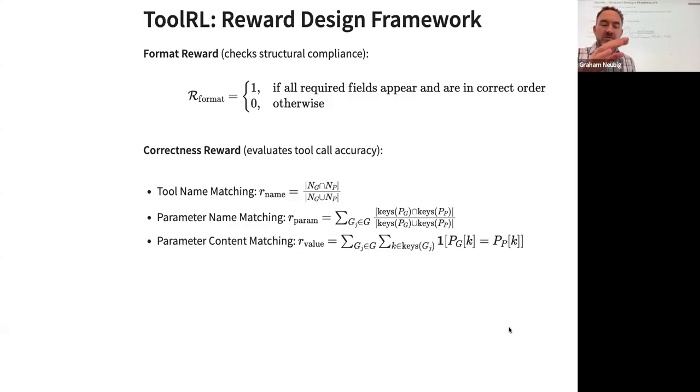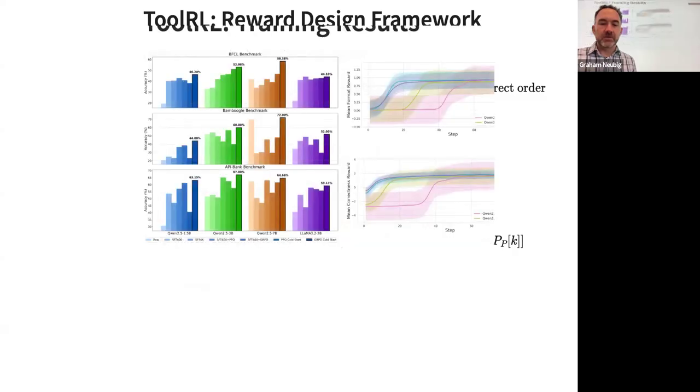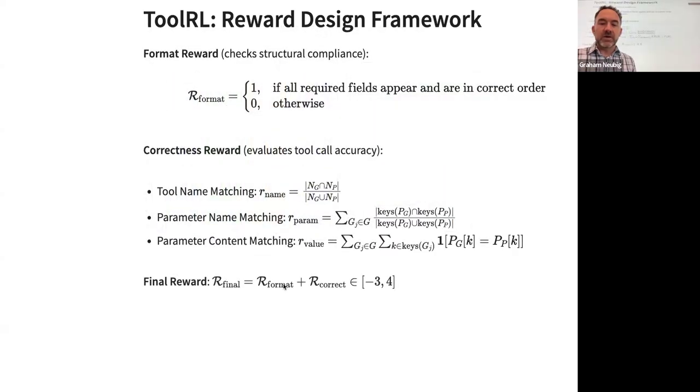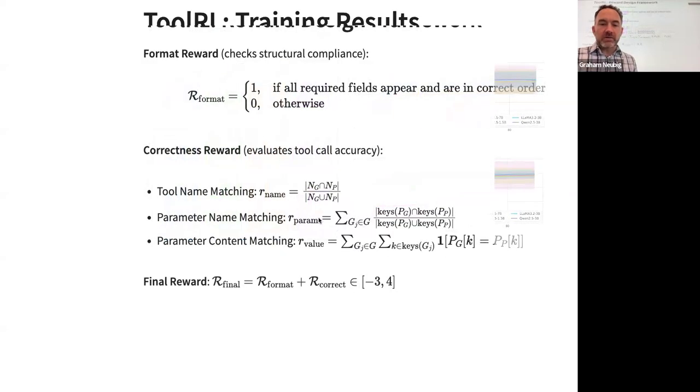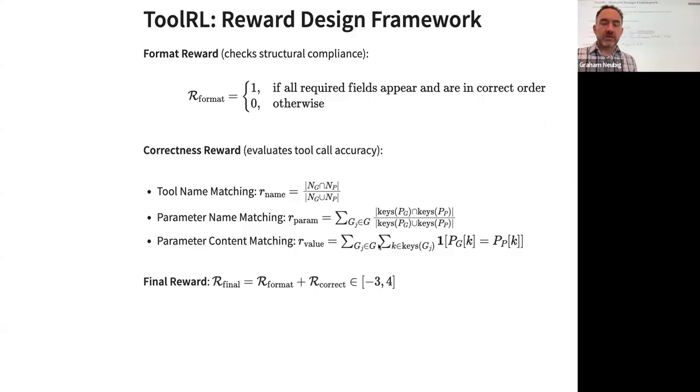So, you know, this works gradually, and in order to get the completely correct tool call, you need to get all of these at 100%. And the range is between -3 if you get all of them wrong, and +4. So what's GNP again? This is gold standard and predicted, I think. Yeah.